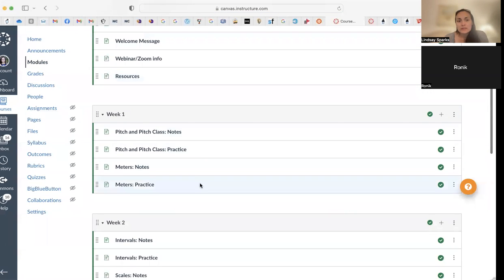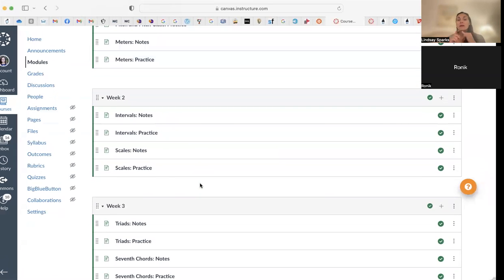So here's what we did this week. Next week, we're talking about intervals and scales. Now, for some people, learning intervals by themselves seems a little bit abstract, and then once they learn scales, it makes intervals easy. However, learning scales first, you at least need to know whole step, half step to be able to build a scale.